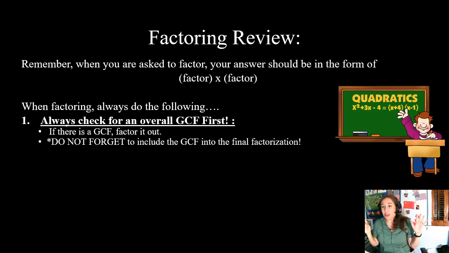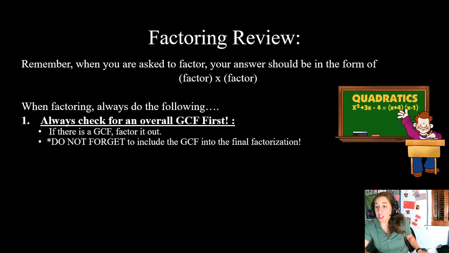Now, this is so big. Most people will do that first step. They'll factor out their overall GCF, and then they'll use factor by grouping or the AC method or difference of squares, which we'll talk about in our next lecture, to factor the rest of the polynomial, and they'll get their answer and forget about that GCF that they factored out at the beginning.